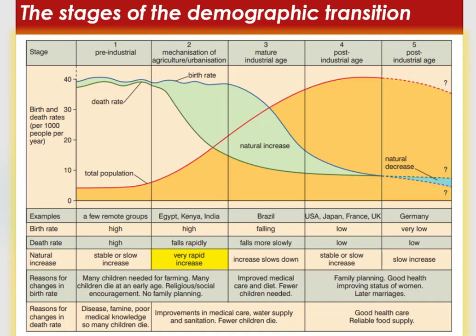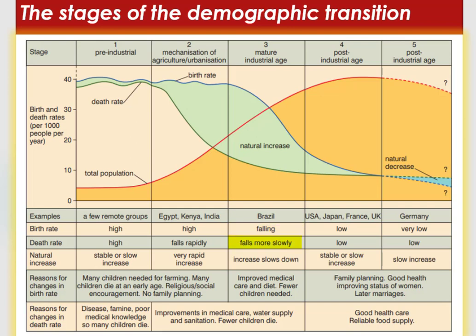We know that natural increase or growth rate is equal to birth rate minus death rate. Reasons for changes in birth rate: many children are needed for farming and many children die at an early age. No family planning.